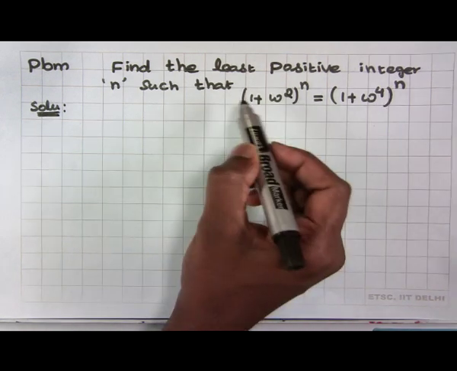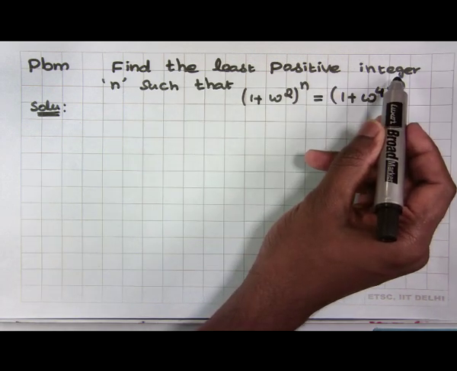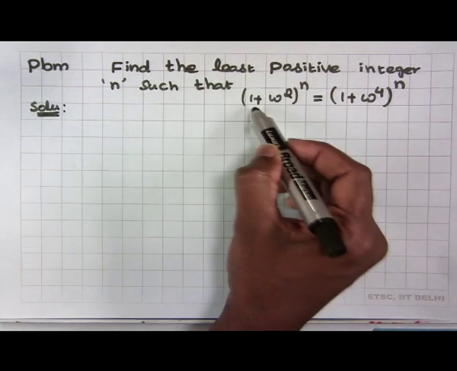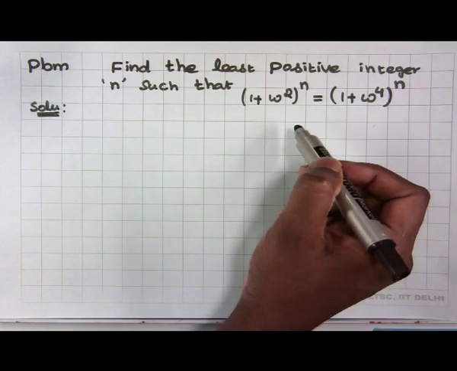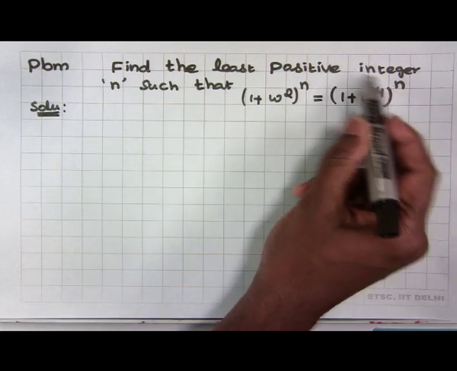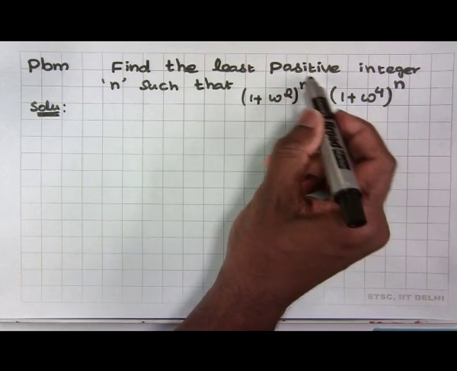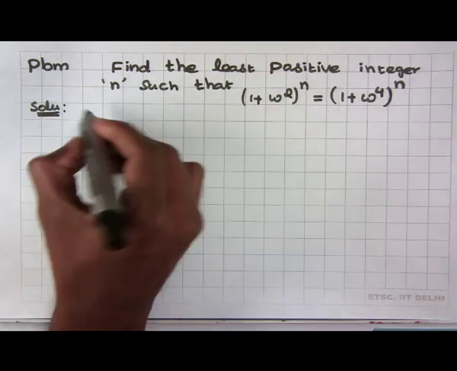We would like to find the least positive integer n such that it satisfies this equation. There may be several n that satisfy this identity, but we need to give the least value of n for which this equation is satisfied.